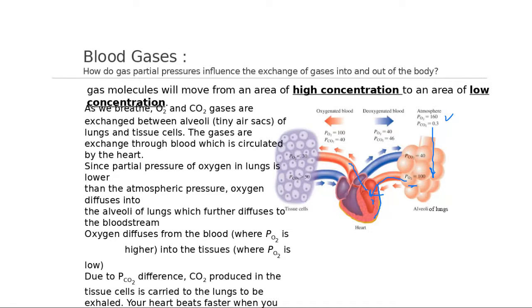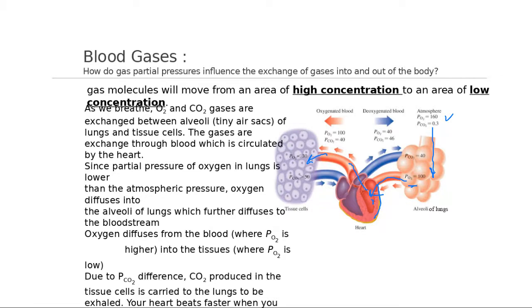The pressure of the oxygen in the blood is 100, while the pressure of the oxygen inside the tissues, inside the cells, is less than 30. So the oxygen will diffuse from the high concentration in the blood to inside the cell. And all our cells need the oxygen to do something called cellular respiration.